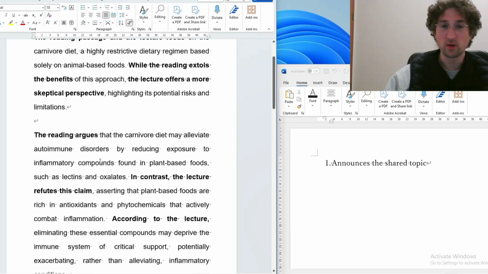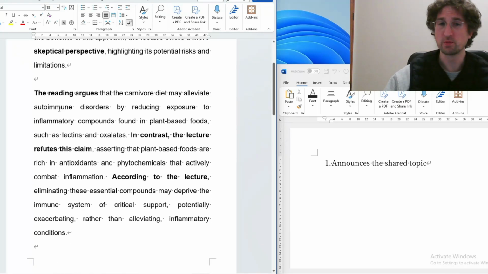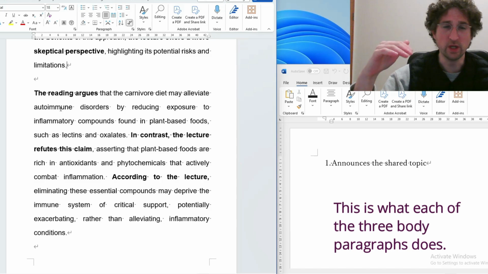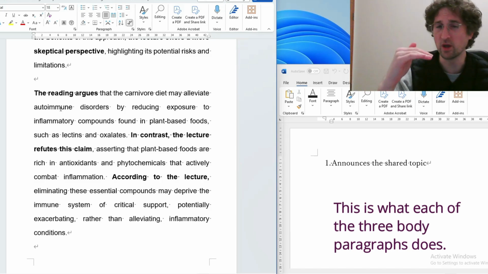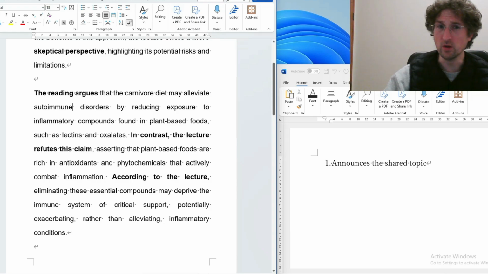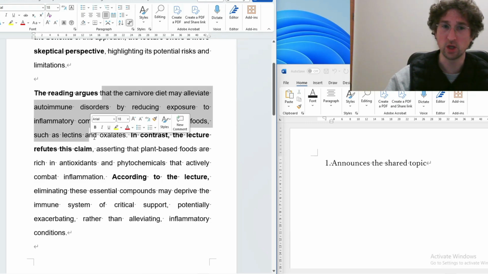Okay, so let's go to the first body paragraph. The first body paragraph will sort of be considering 2 points that you've identified from your reading and your listening as sort of being directly in opposition. So the reading argues that the carnivore diet may alleviate autoimmune disorders by reducing exposure to inflammatory compounds found in plant-based foods, such as lectins and oxalates.